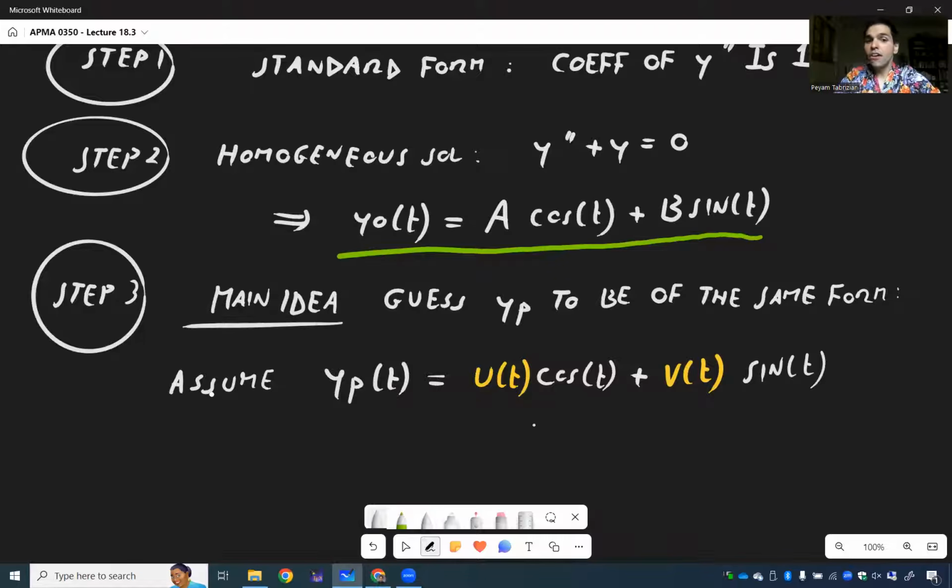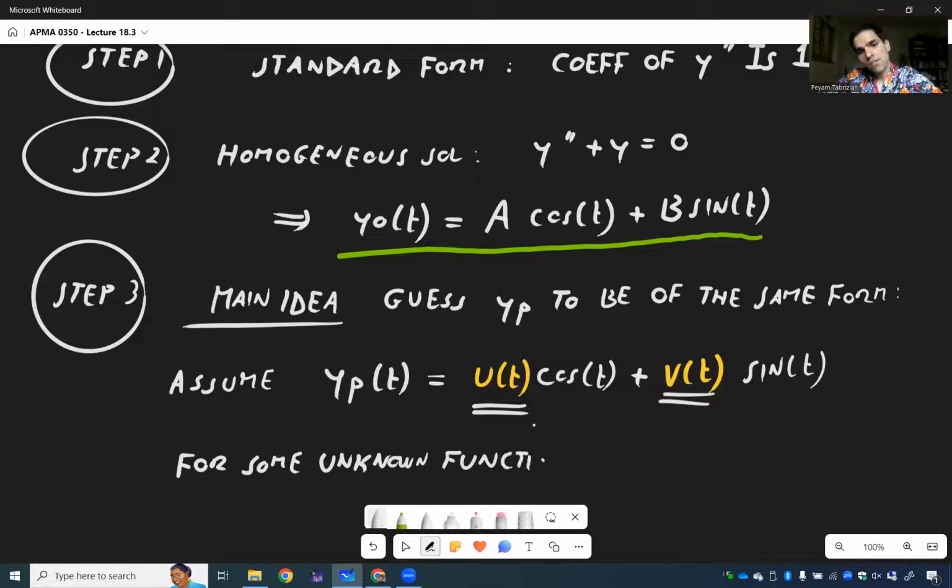This is called variation of parameters because we are varying the parameters a and b. And this is for some unknown functions u of t and v of t.